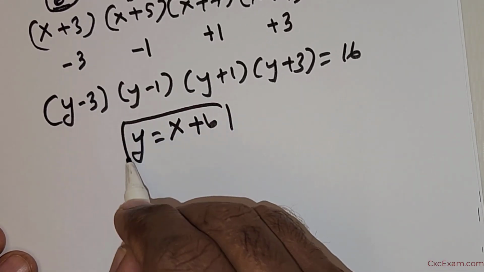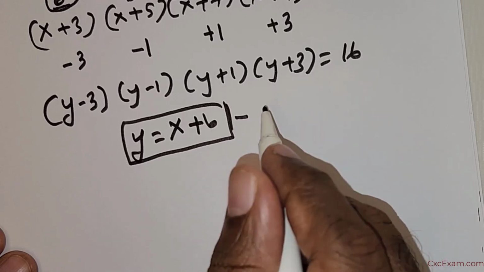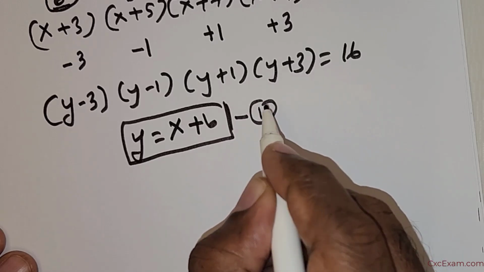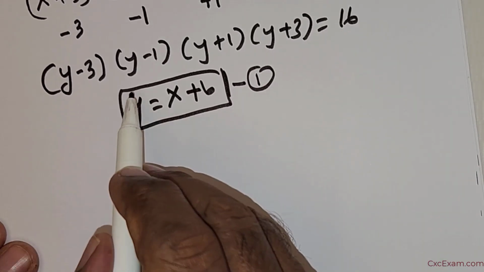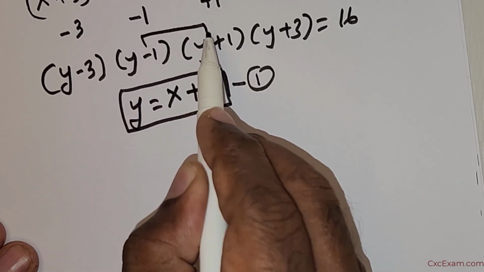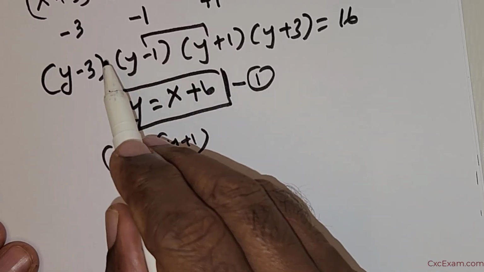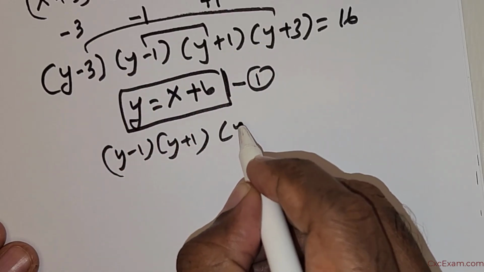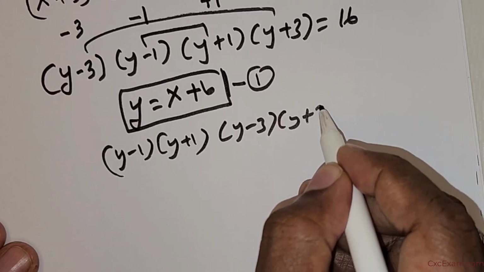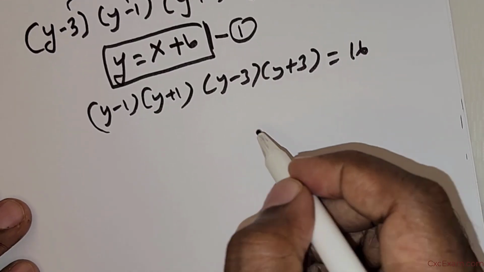So this is going to be our equation, and I'm going to name it as equation number 1. Now I would be clubbing y negative 1 and y positive 1, and then y negative 3 with y positive 3, which is equal to 16.